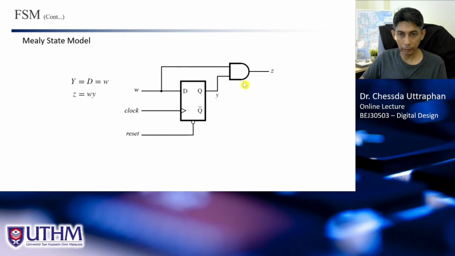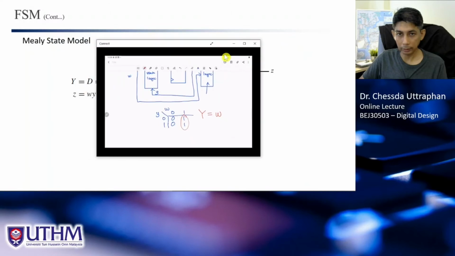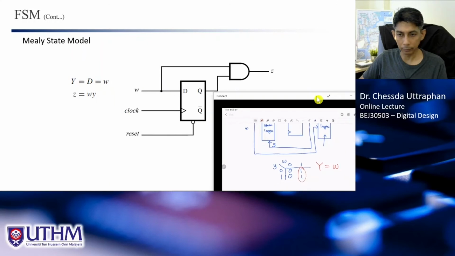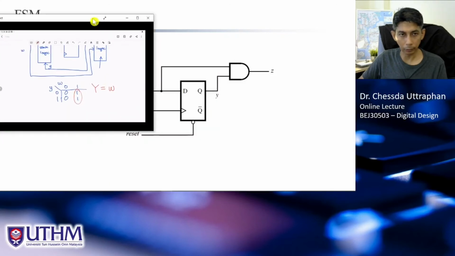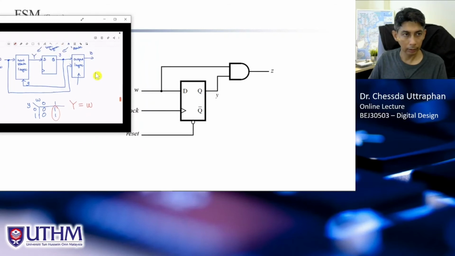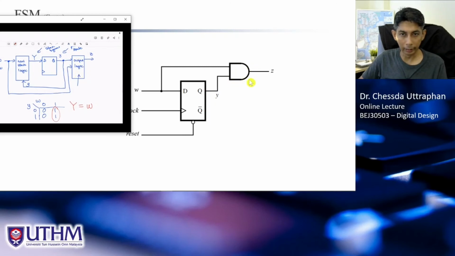And when we draw, so Z should be this. It turns out that inside the box there is only one AND gate. The inputs of this AND gate are this Y and this W. You see, W and Y. So this is an AND gate actually.